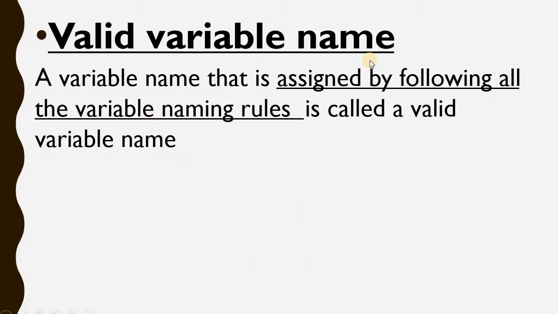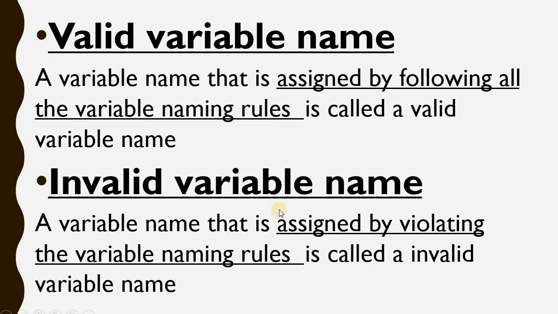Valid variable name is a name that is assigned by following all the variable naming rules. All the rules that I have told you and I have explained you in my last video. If we assign any variable name by following the rules, then that variable name will be known as valid variable name.